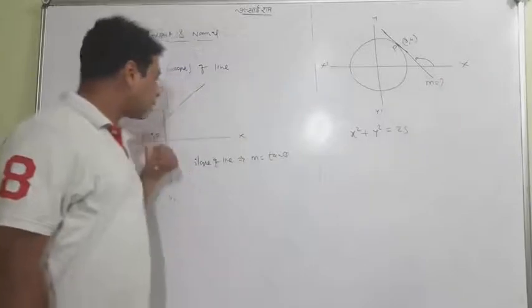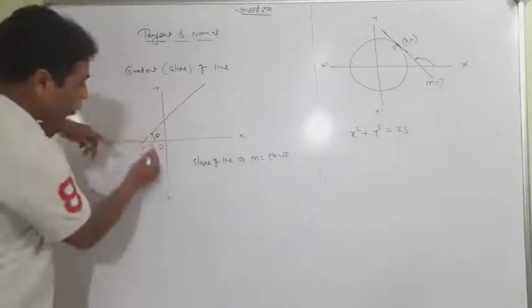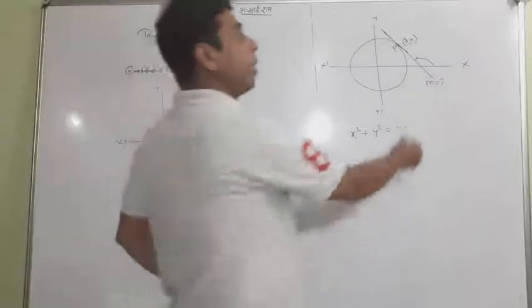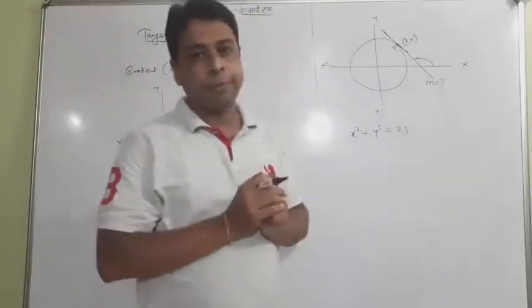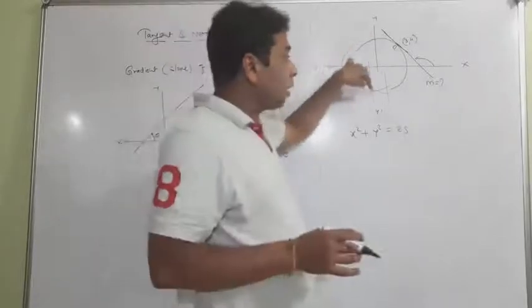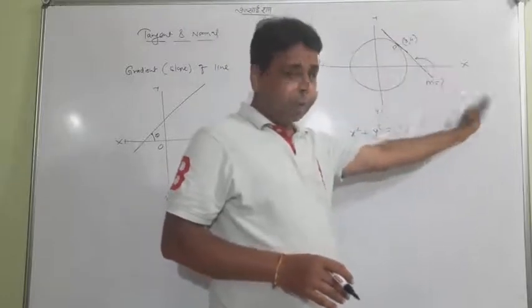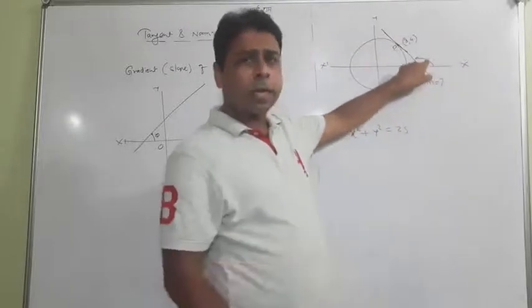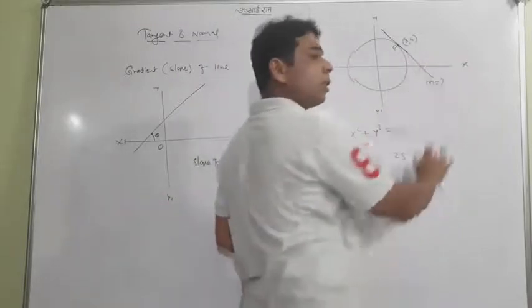Okay, what we studied here is that if you want the slope of any line, you need theta, but this time theta is not given. So the new thing I am telling you is that this is a curve, this is a point of contact and the tangent, which makes some angle with the x-axis, but this angle is not given.